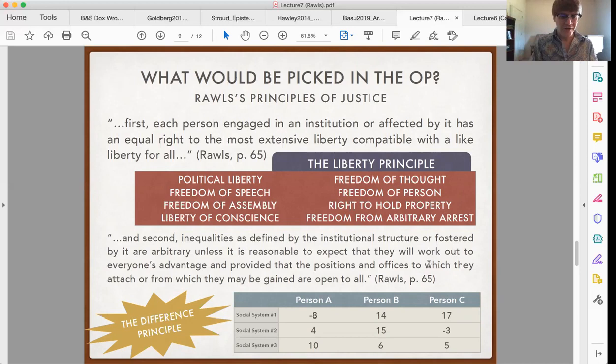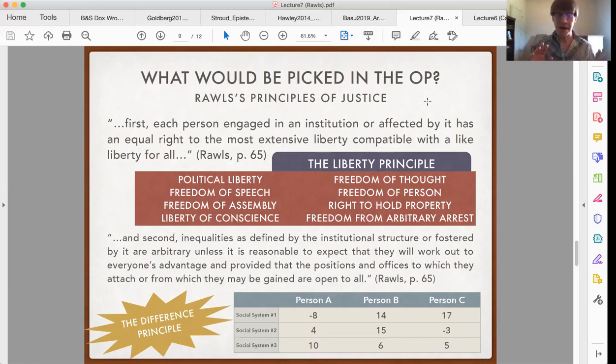So, the second principle that we would choose from the original position is the difference principle. We've already touched on this, but the idea is something like, look, if we're going to pick different political scenarios or different economic scenarios, right?